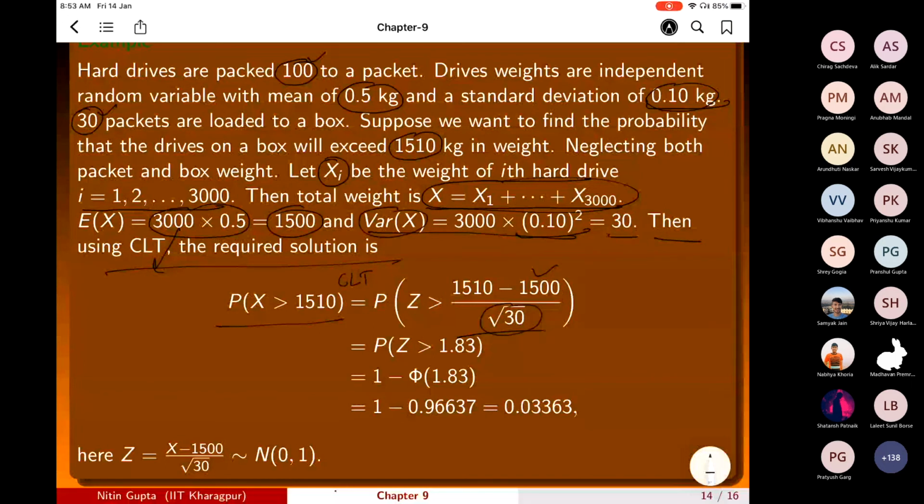Because all the quantities we have taken in this format. Therefore, Z is greater than 1.83, and this is standard normal distribution. Z is standard normal, and 1 minus capital Phi of 1.83, and this is the answer.